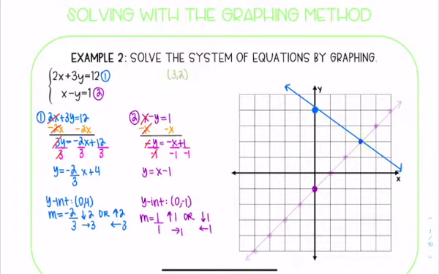So plotting (0, -1) first, we use our slope of 1 over 1 to find our next few points, and then we go ahead and connect them.